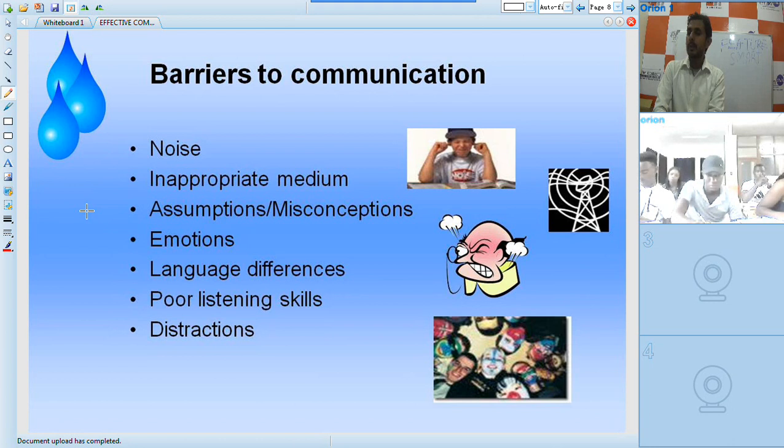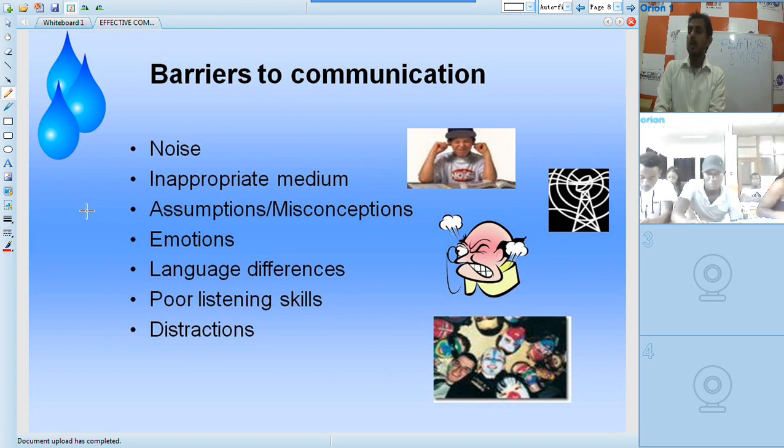So it leads to assumptions or misconceptions during that communication. Emotions also hamper the communication while you are communicating with others.